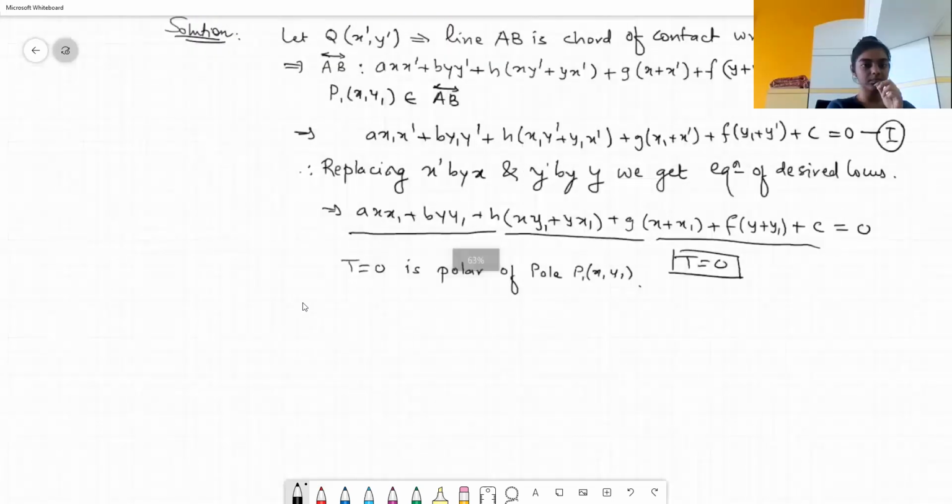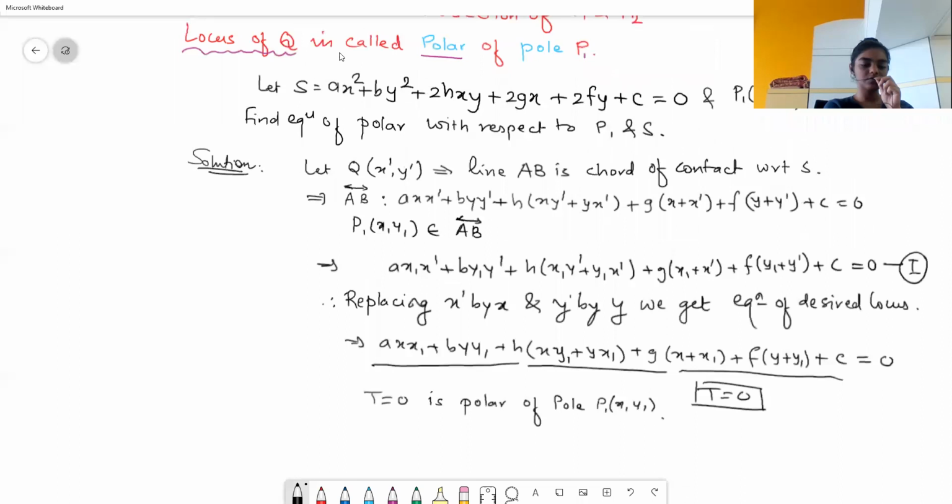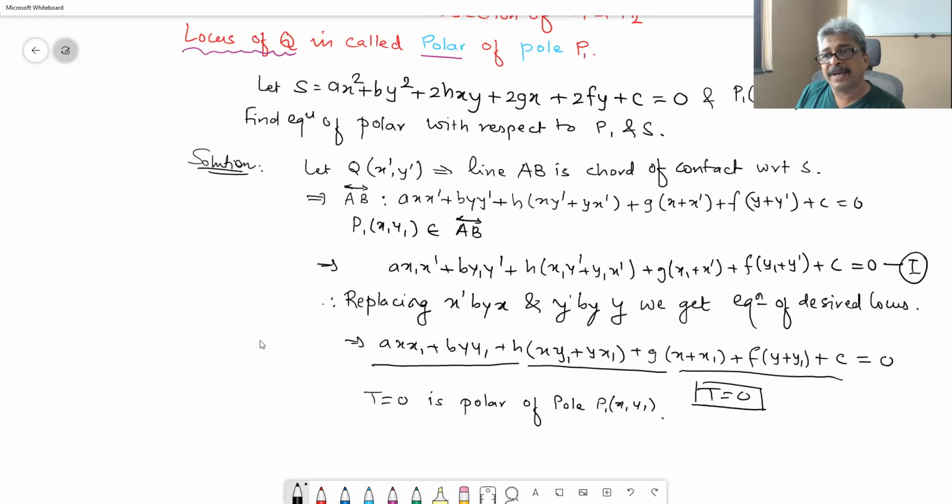Excuse me, sir. Sir, what is the difference between the polar of a pole and the chord of contact? Very good question. For all practical purposes, it is one and the same. However, polar is constructed by a variable line, intersection, drawing tangents, and getting the line.